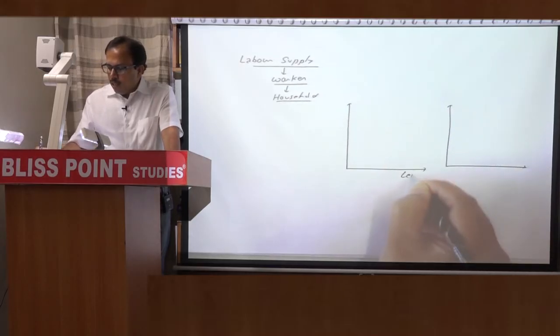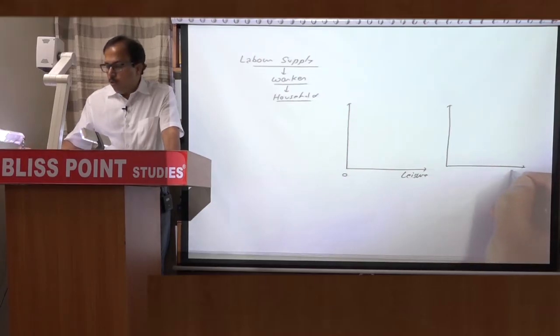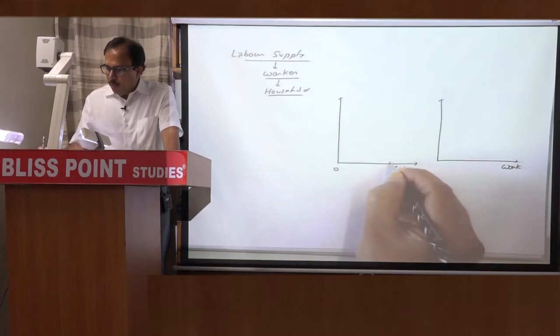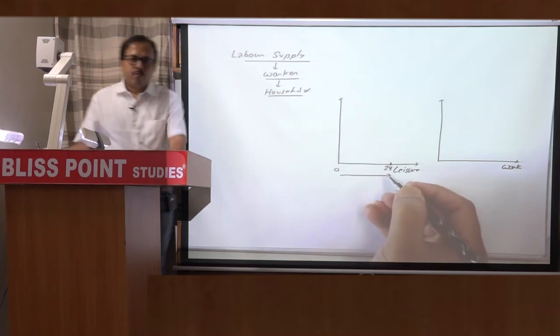I am writing leisure here, and on the right side I am writing work in terms of hours. Both are in terms of hours. So if I write any particular point like 24, each person is endowed with 24 hours for leisure as well as for work.